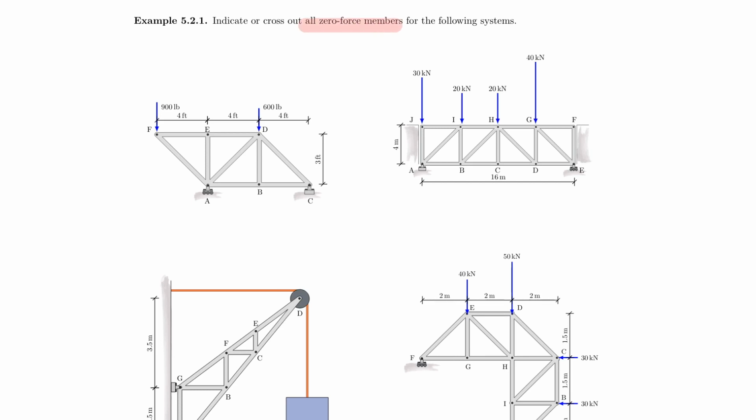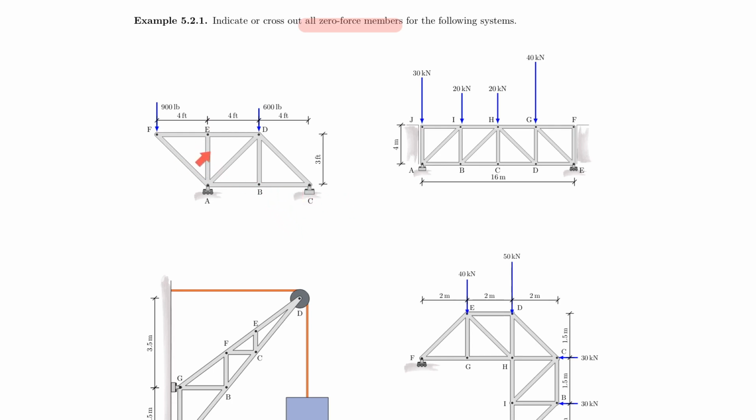You can use these to practice the method of sections or method of joints, but that is not the point here. Right now, we're trying to look at each of these systems and identify the zero force members. These systems all have zero force members, so let's try to identify them.